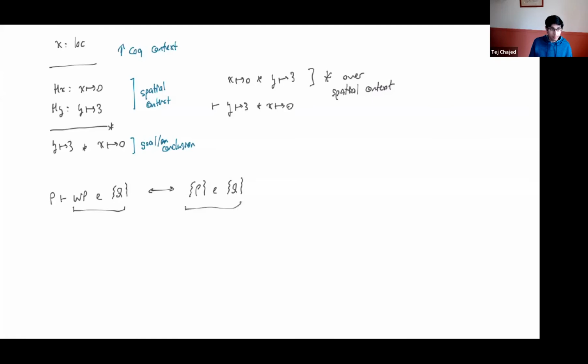If we start in a state satisfying P and we run E for a little bit to a new state, then Q of sigma prime holds.